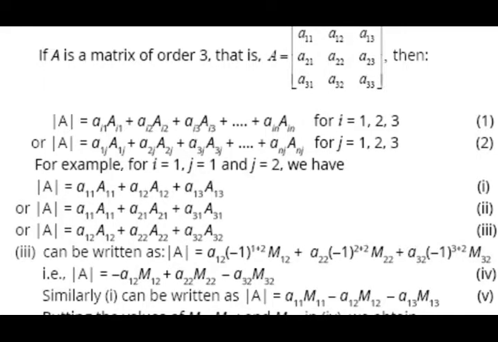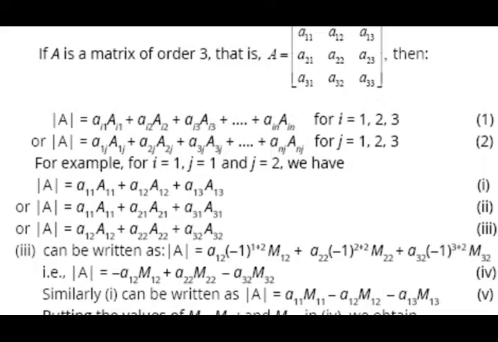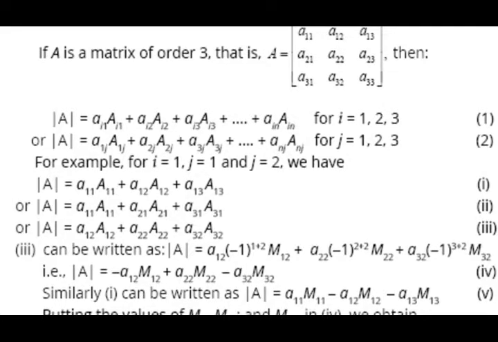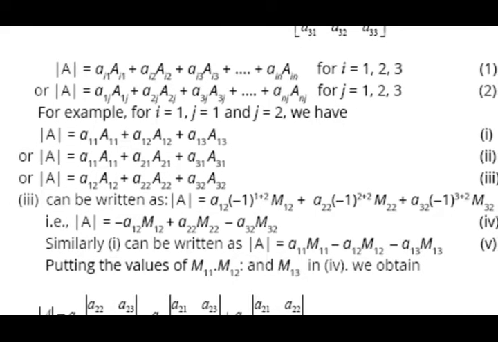A11 means minor M11 with its sign. If the sum of its indices is even, it shows positive, and if the sum of its indices is odd, it is negative.